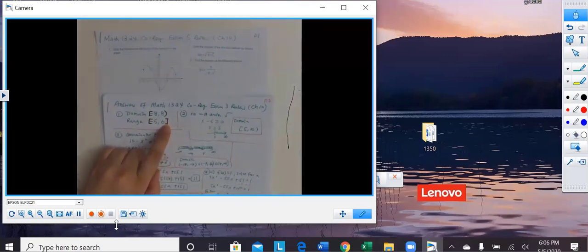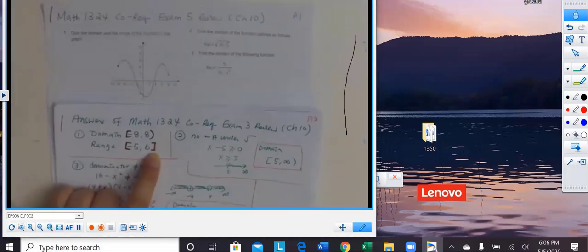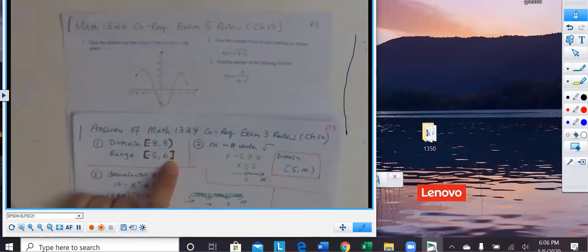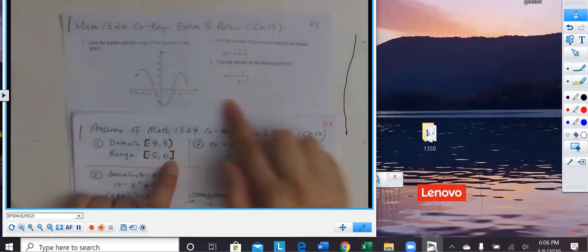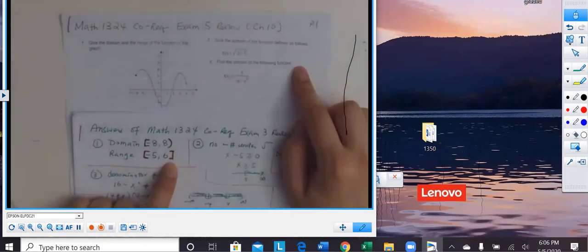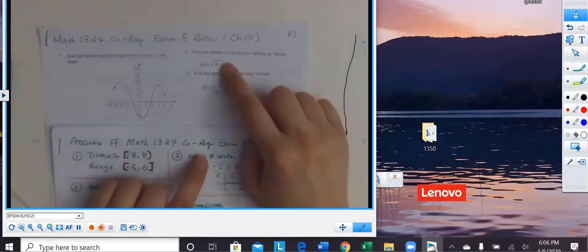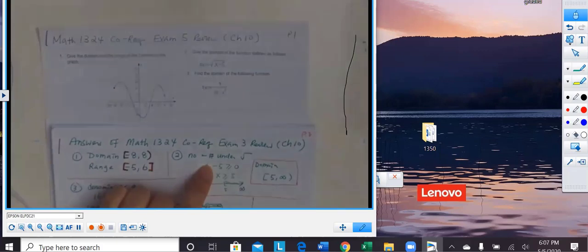All right. So the next one, I think I can move it here maybe. For the domain, like for number 2 and 3, you need to know the restriction. The restriction for square root is we cannot have any negative number under the square root.